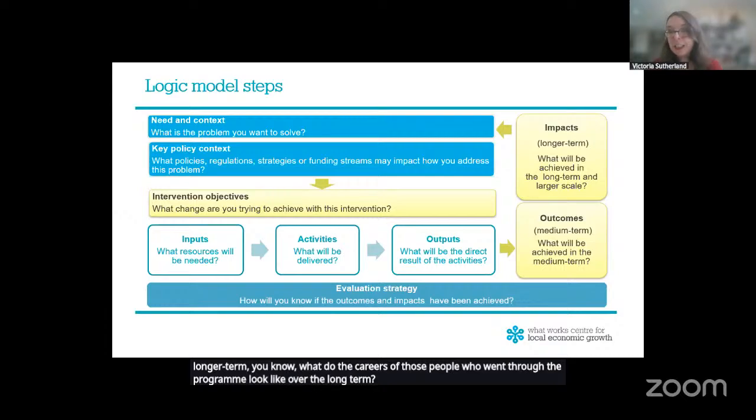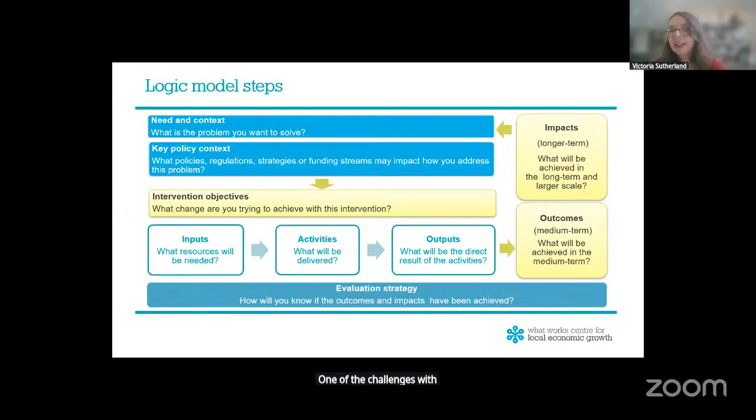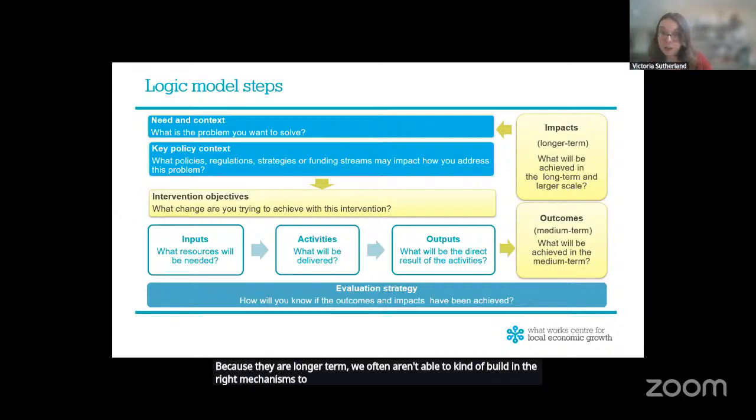One of the challenges with impacts is that because they are longer term, we often aren't able to build in the right mechanisms to be able to measure that. We're often very constrained by particular funding envelopes, and that might be something that is 10 years away.